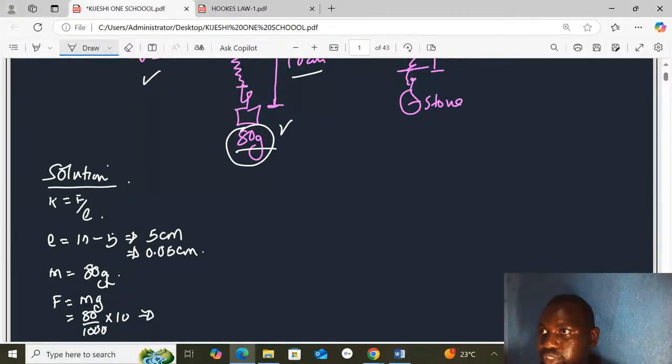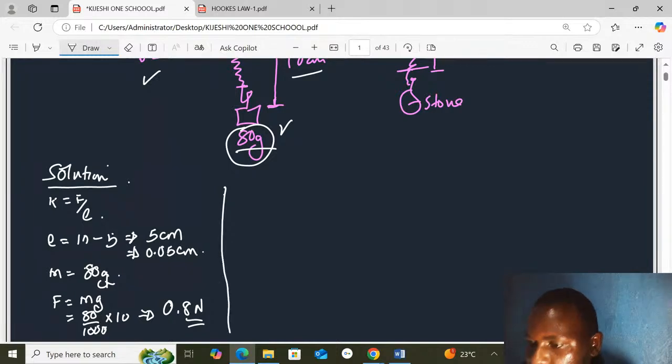Allow me to compute. 80 divided by 1000 times 10. This is 0.8 newtons.